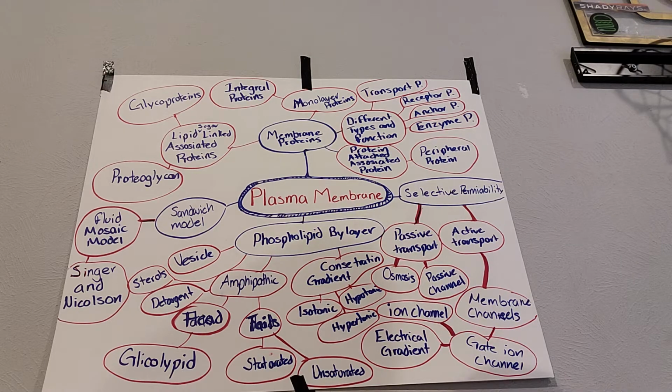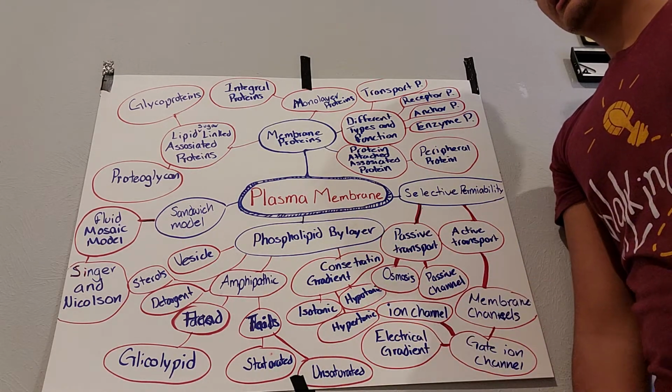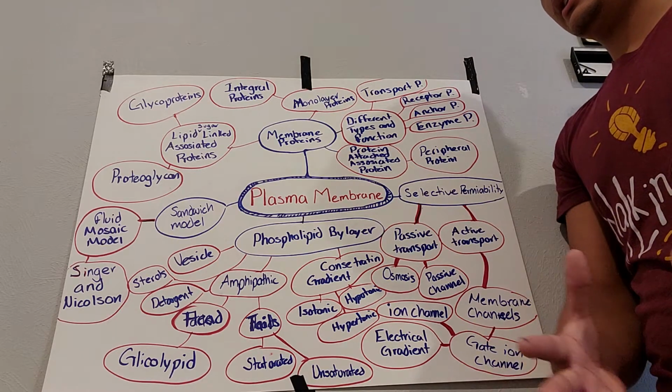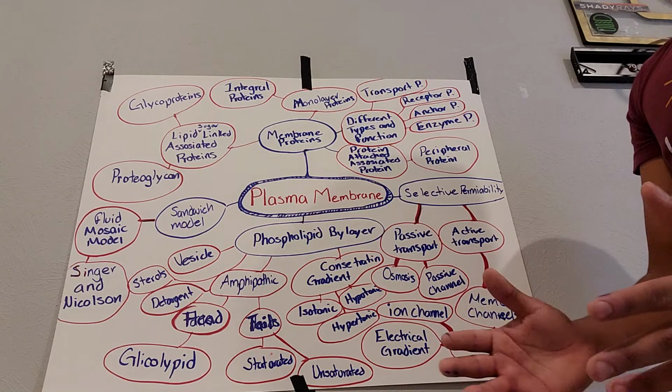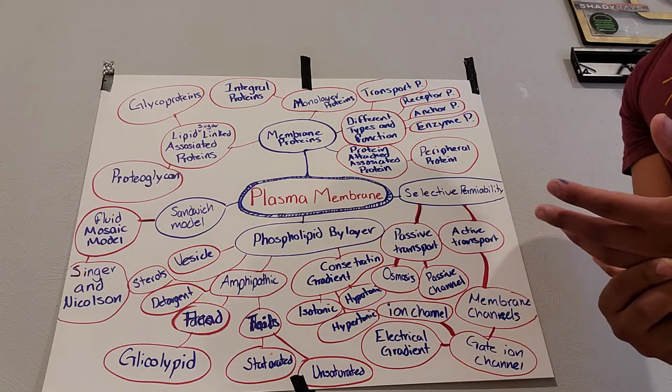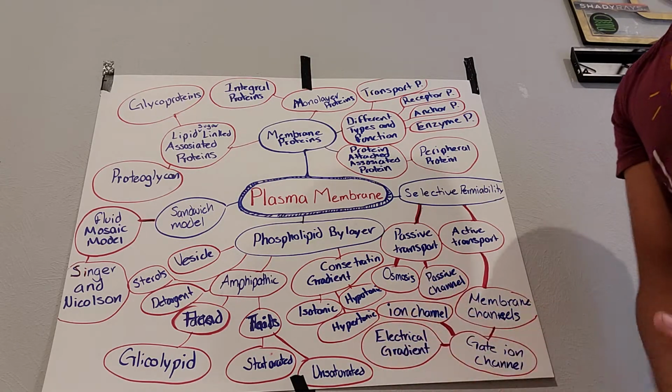Now going to the concentration gradient, which is kind of what the phospholipid lets through, and kind of dissipates water towards or against it.